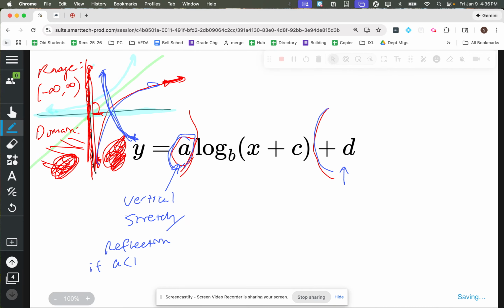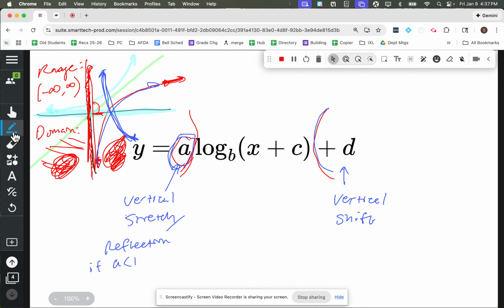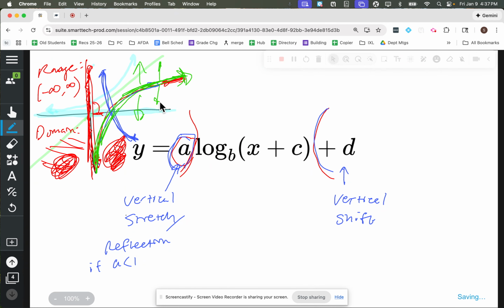The D is, as usual, vertical shift. But let me be honest with you, it's hard to see that. If you're taking something that goes from negative infinity below to positive infinity above, and you're shifting that up or down, it's really hard to see exactly how much that affects the thing, because it's already like a long up to down string.